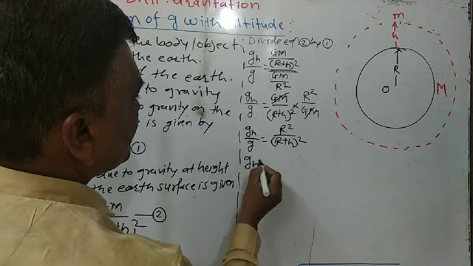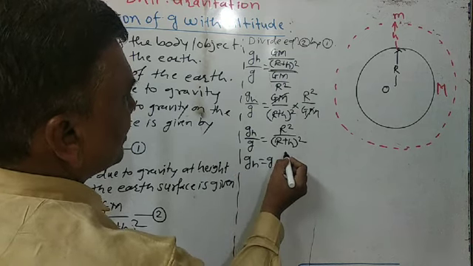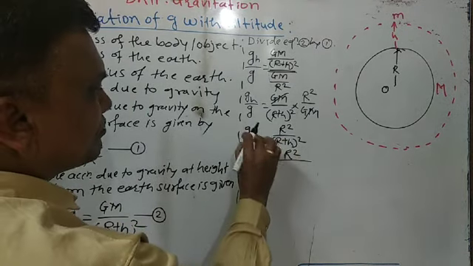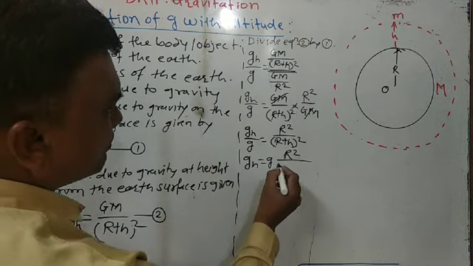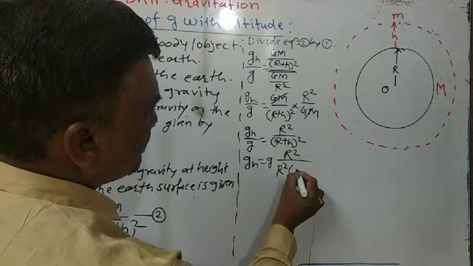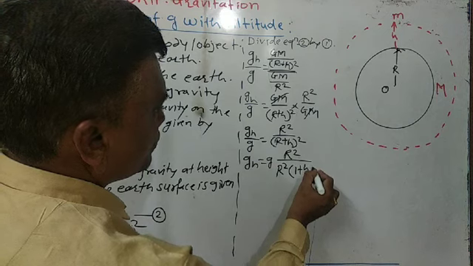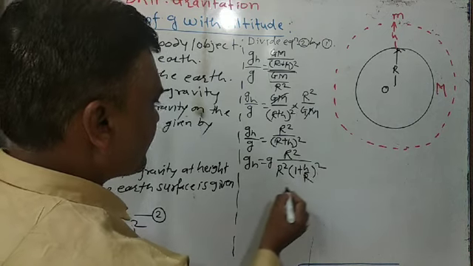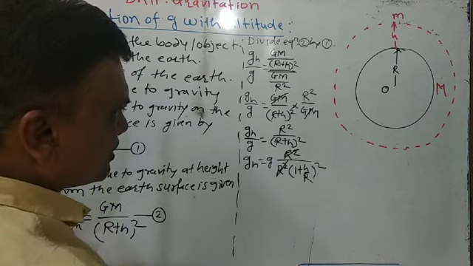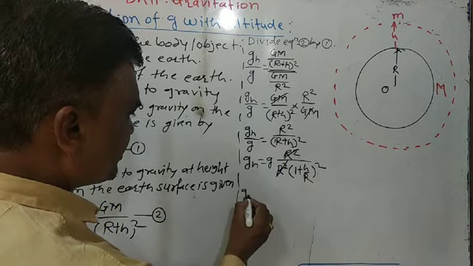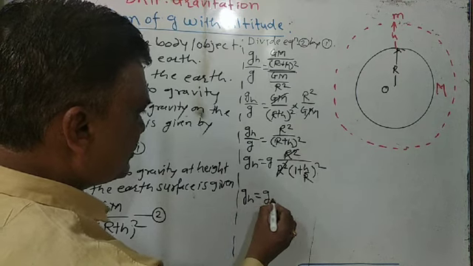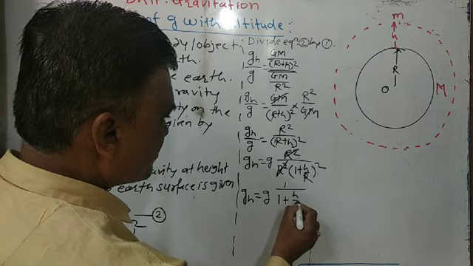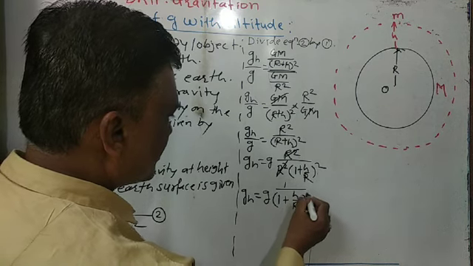Therefore, g_h equals g R square upon (R plus h) square. We take R out of the bracket. Therefore, R square in the bracket (1 plus h by R) square. Now this R square is cancelled. Therefore, g_h equals g into 1 upon (1 plus h by R) square.